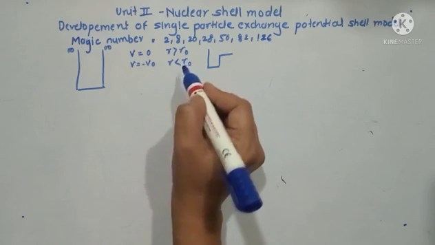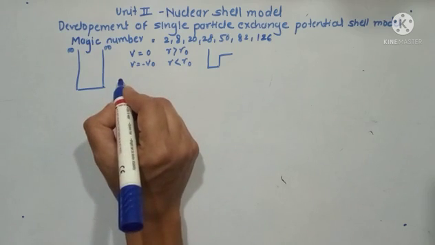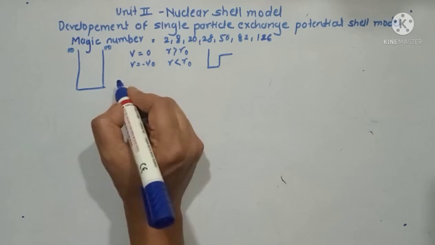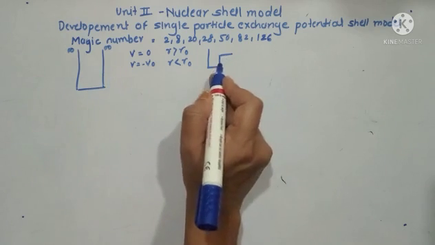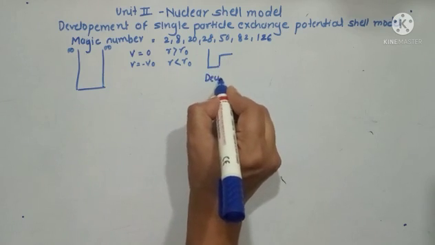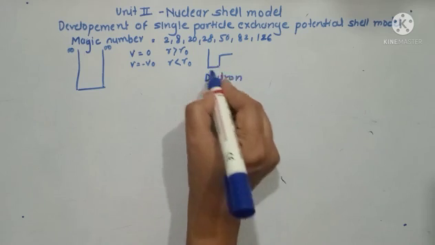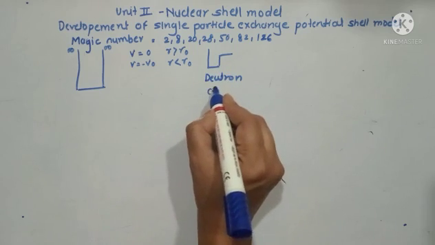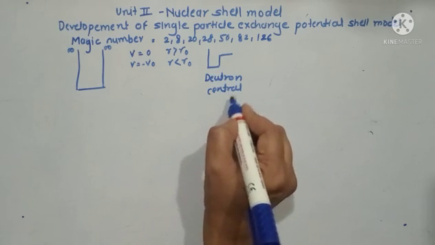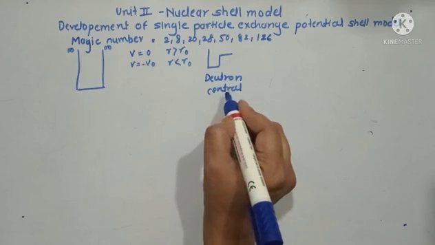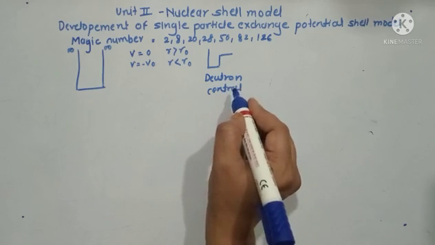Then afterwards they write Schrodinger's time independent equation for the square well potential. During the deuteron, we considered the potential as a central potential. Central means it was independent of theta and phi.